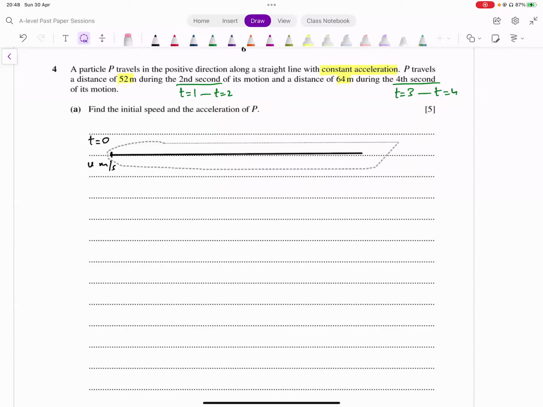अब हमें ये पता है कि इसकी जो acceleration है that is constant. Okay, acceleration remains a. Let's call this a.